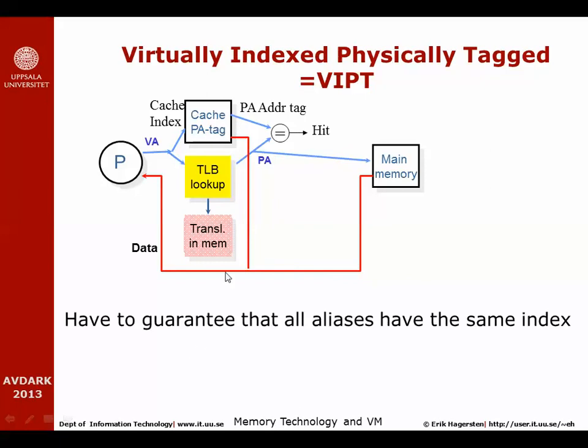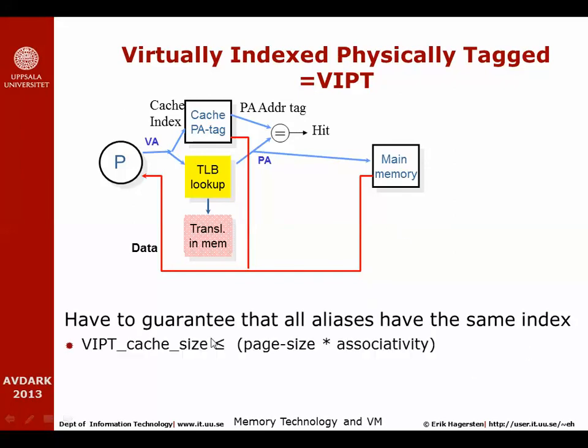However, in order for this to work, we have to guarantee that all aliases have the same index function. If there are many aliases, only one of them can reside in the cache, and that means that they all have to index to the same location. If there is another alias in the cache, then when we do a lookup, we will get a match on the physical address tag, because the physical tag is the same for all the different aliases of this specific cache line.